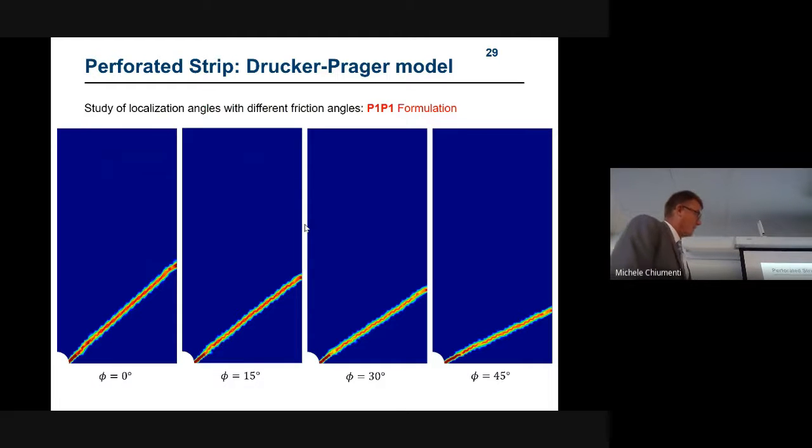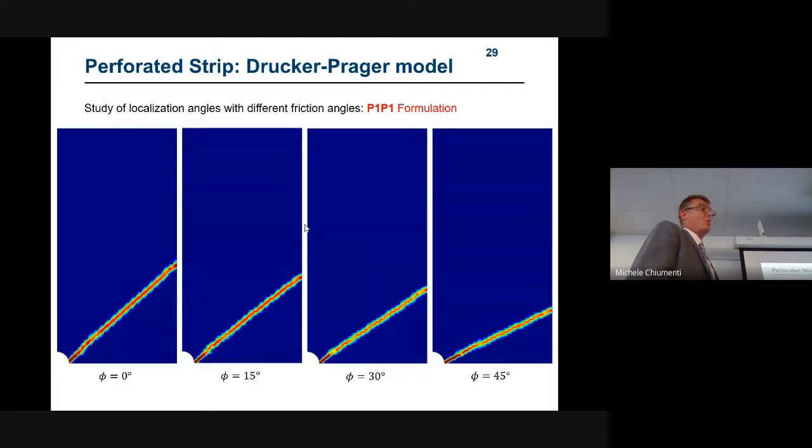This is another example where we are changing the solution to a Drucker-Prager model, so not exactly J2 plasticity, and now you have different angles of the solution. You can see how the mixed formulation is able to give you the exact solution according to the friction angle you have.